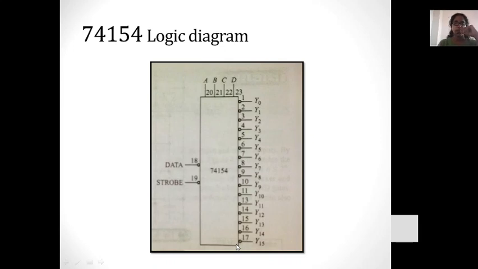And my dear students, you can see there are some bubbles on the lines for the outputs as well as for data and strobe. No bubbles for ABCD. What does this bubble stand for?